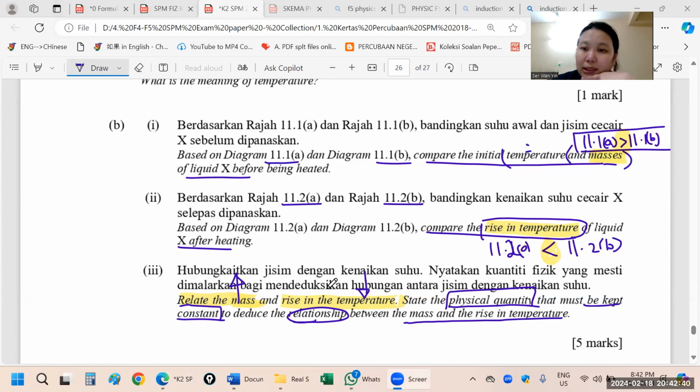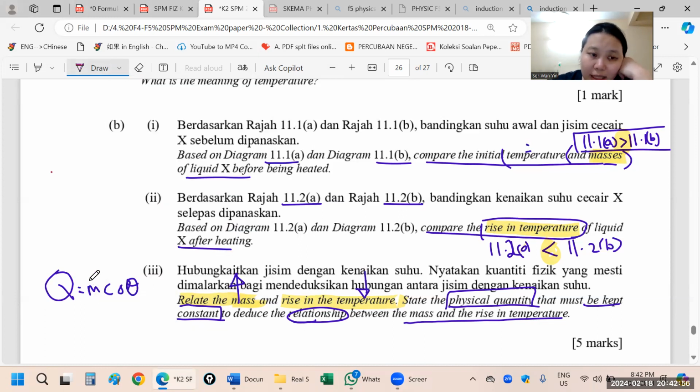So actually this one is cooking things, right? Got temperature, right? So we can use it as Q equals to MC delta theta. So if you want to make sure these two relationship, so you must make heat supply constant and specific heat capacity constant. Yes. You can write either one or you write two also.